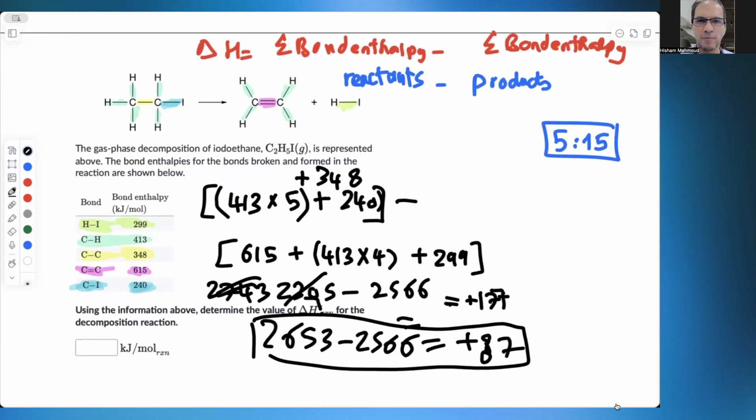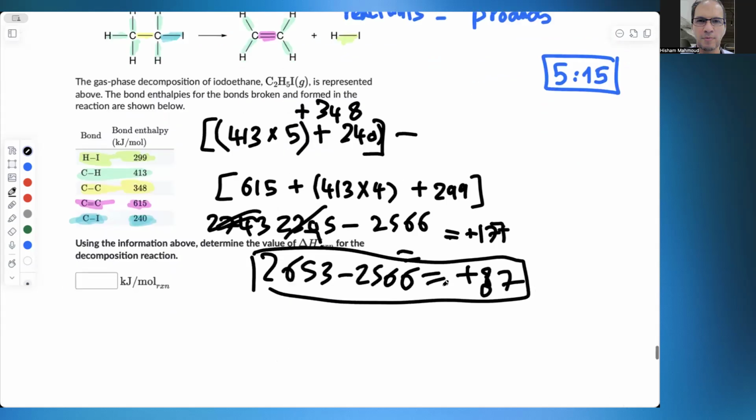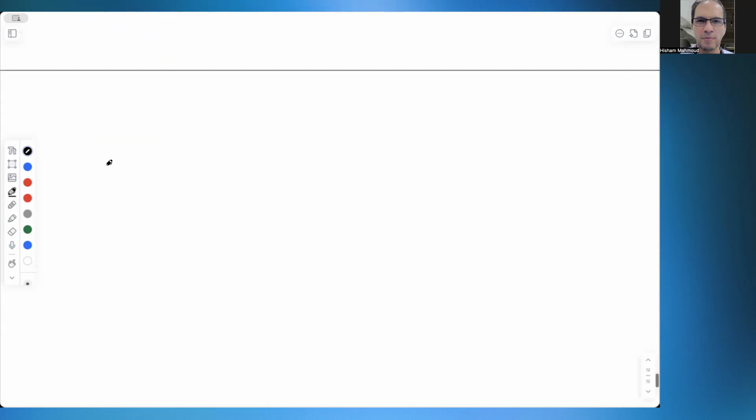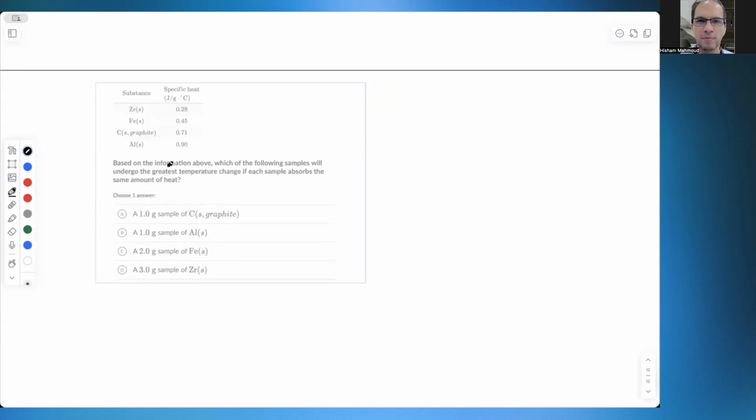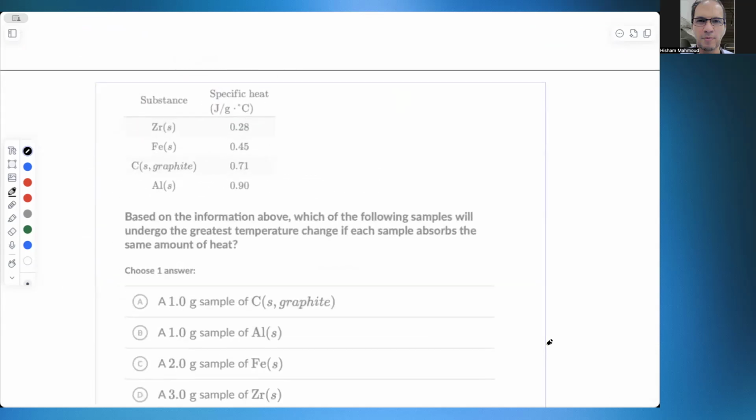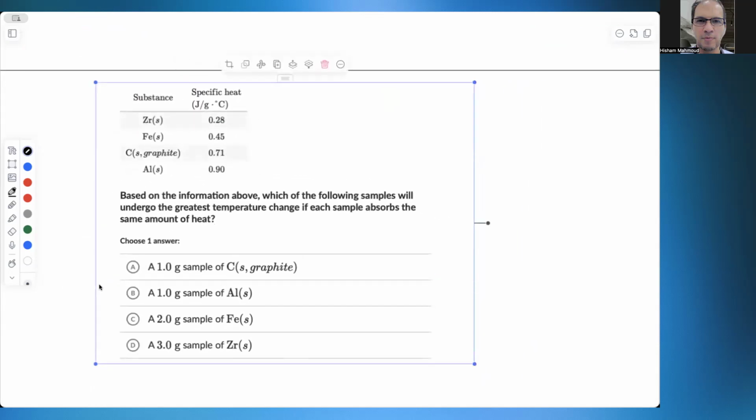And our last question for today is this one. Different kind of question. This maybe is the last question, maybe. So based on the information above, which of the following samples will undergo the greatest temperature change if each sample absorbs the same amount of heat?